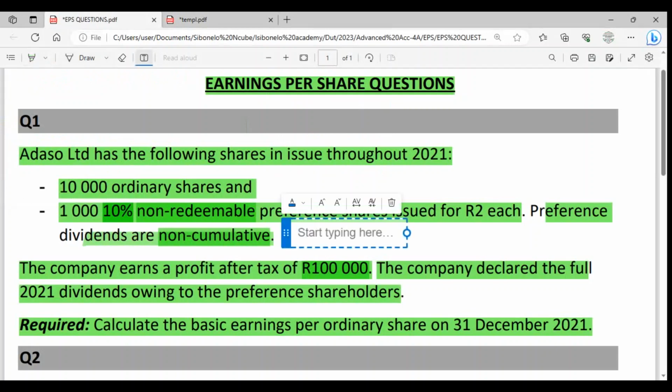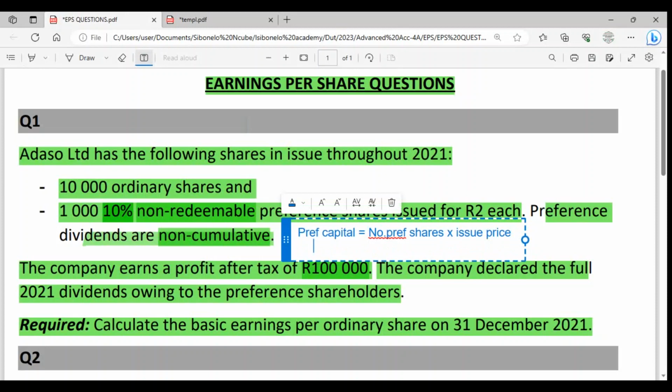You take the number of preference shares in issue and multiply by the issue price. So preference capital is equal to the number of preference shares in issue times the issue price.